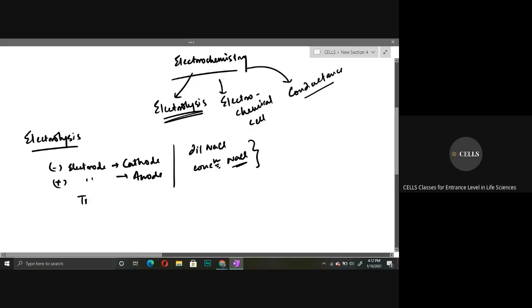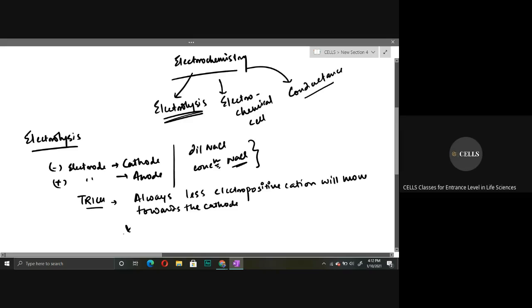The trick you need to remember for electrolysis is that always, the less electropositive cation will move towards the cathode, and the more concentrated negative ion will move towards the anode.